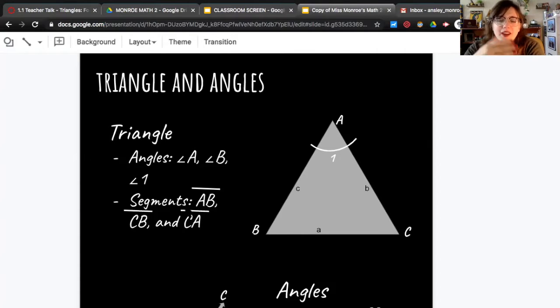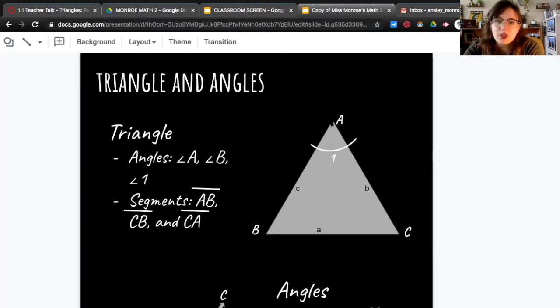And we also have our segments or our sides. We have AB, CB, and AC or CA. Doesn't really matter which order they're in with regards to line segments. But we also can name lines that we don't have labeled.